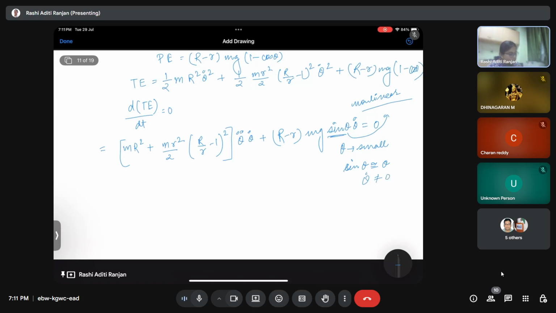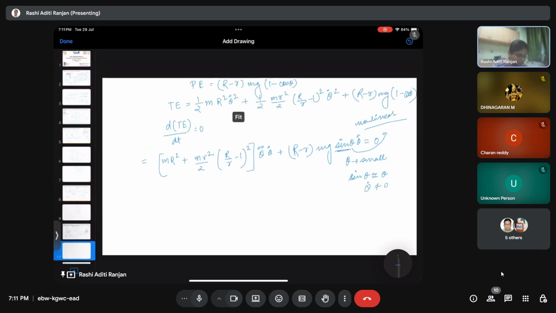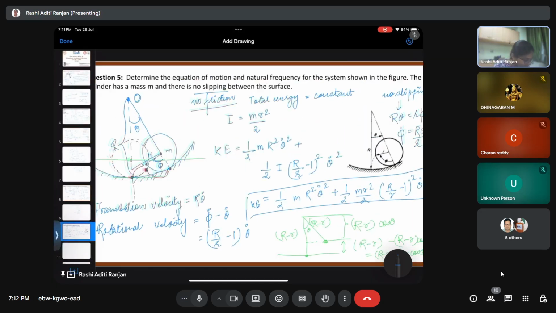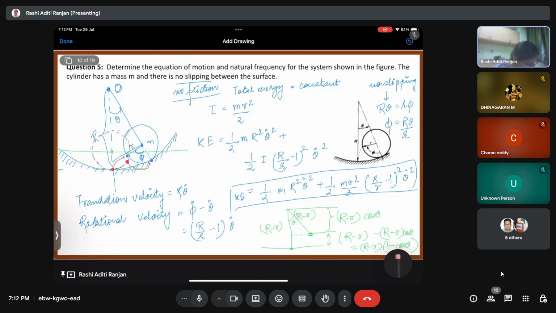So we get the equation of motion, something like... okay, there's one more thing that I've done wrong here only. Yeah, it should be r minus small r.